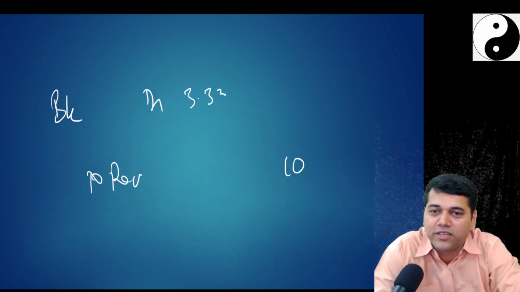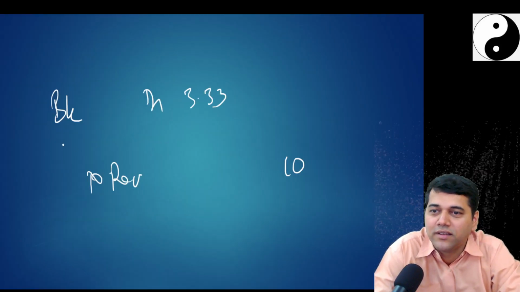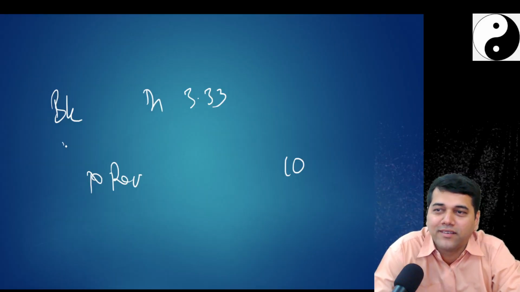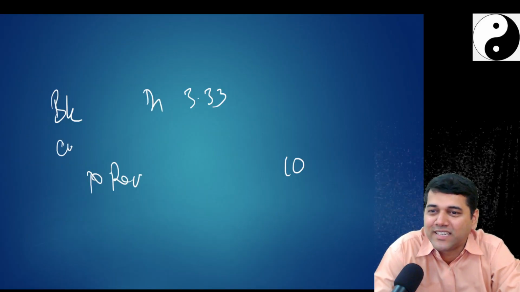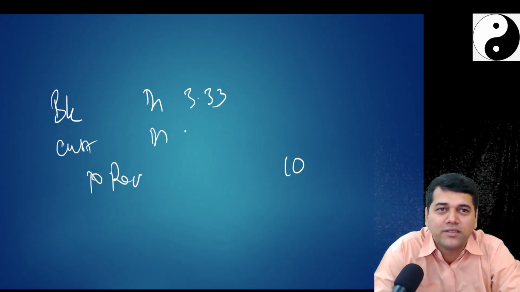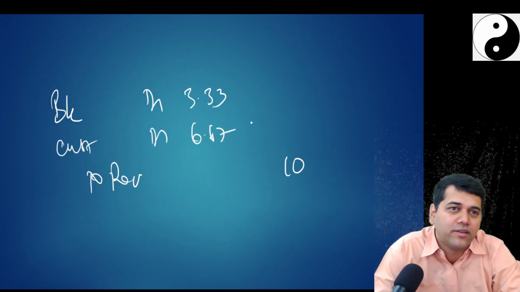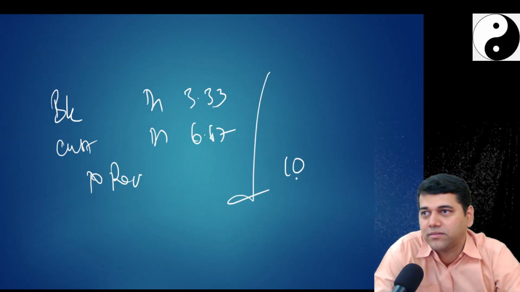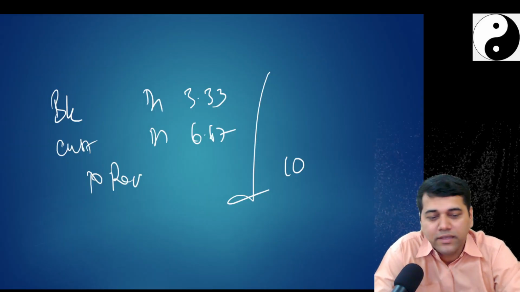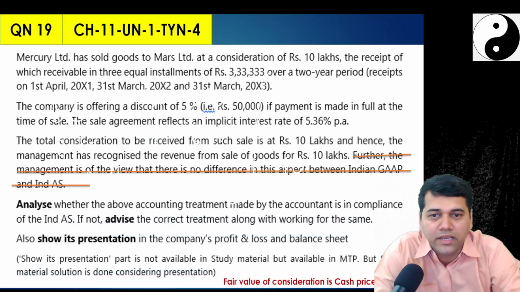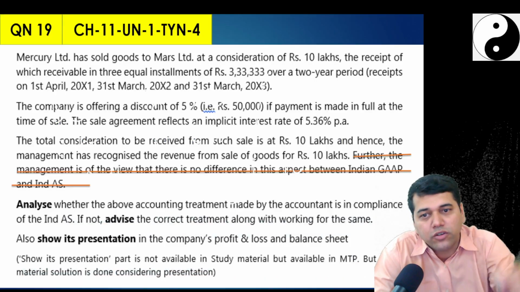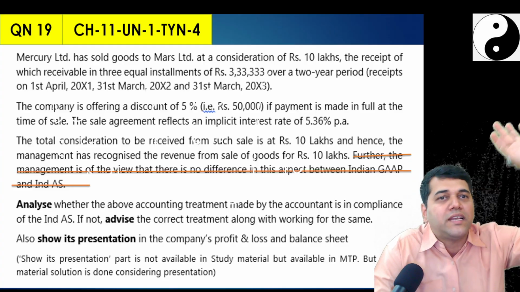Bank 3.33. Customer, how much? 6.67. Yes, this is the entry they passed. They said very clearly, no? They said very clearly that the management has recognized revenue from the sale of goods for rupees 10 lakhs.